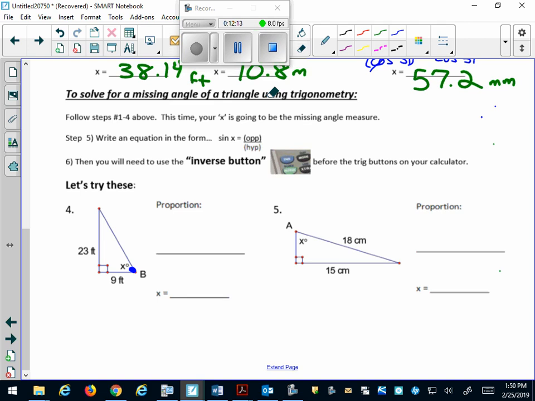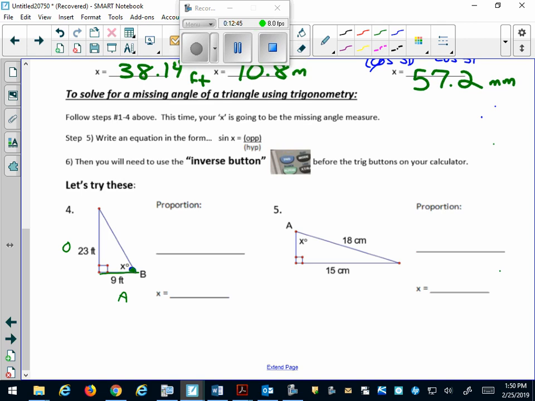If we know that this angle has a side across from it, opposite it, as 23, and a side adjacent to it as 9, we just have to figure out what that ratio is and what angle measure is tied to that ratio. Because remember, we said these ratios are constant. There's only one angle measure that will give you whatever 23 over 9 is.